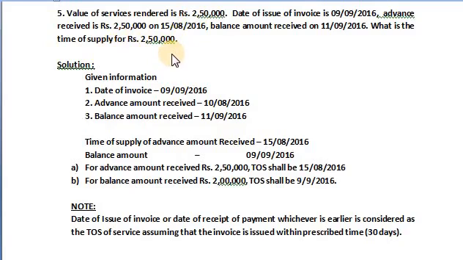First, let us write the given information. Date of invoice 9/9/16. Value of services 2,50,000.